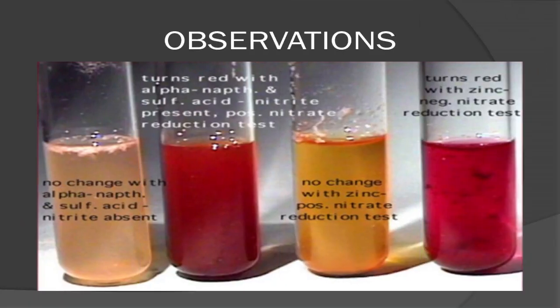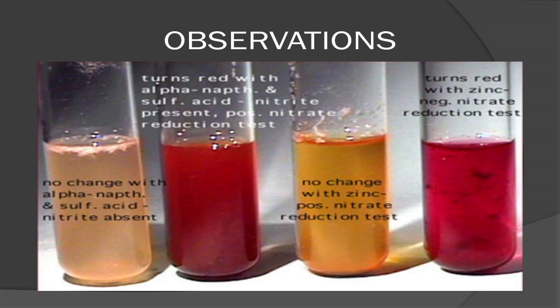In observation, if there is no change with the addition of alpha-naphthylamine and sulfanilic acid, then it is interpreted as nitrite absent. If it turns red with alpha-naphthylamine and sulfanilic acid, then nitrite is present, and it is interpreted as a positive nitrate reduction test.